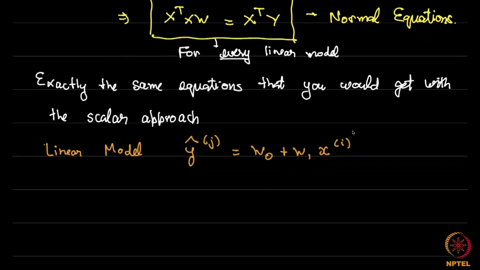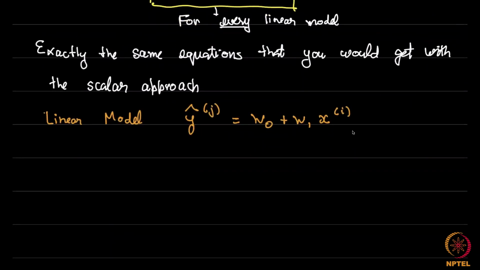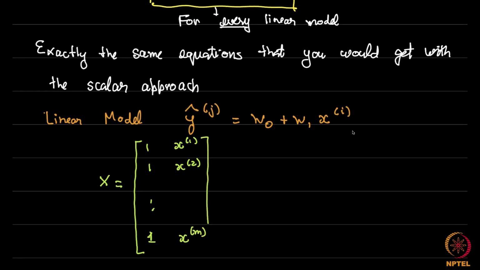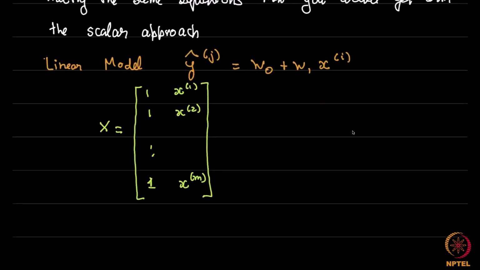So if we look at the design matrix capital X in this case, this is going to be 1 x1, 1 x at the second point, and 1 x at the mth thermocouple location. Look at the size of X. X is an m cross 2 matrix.